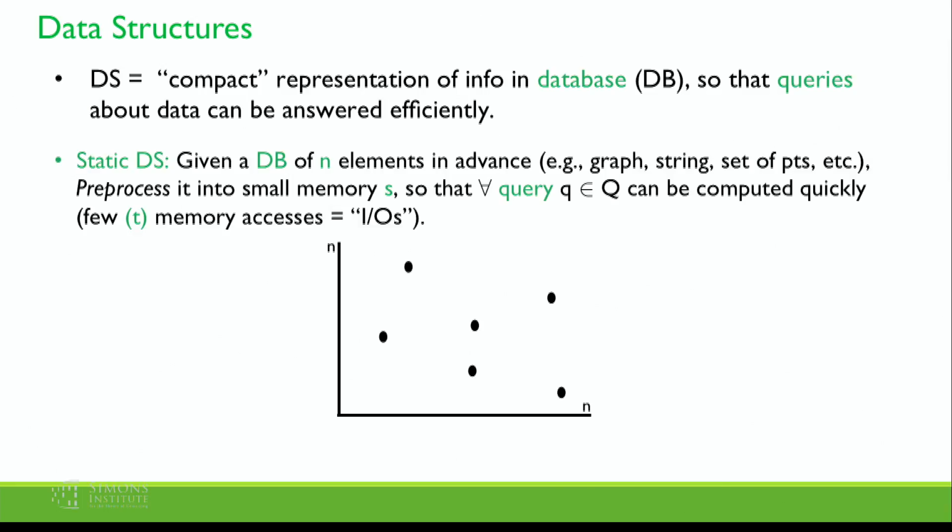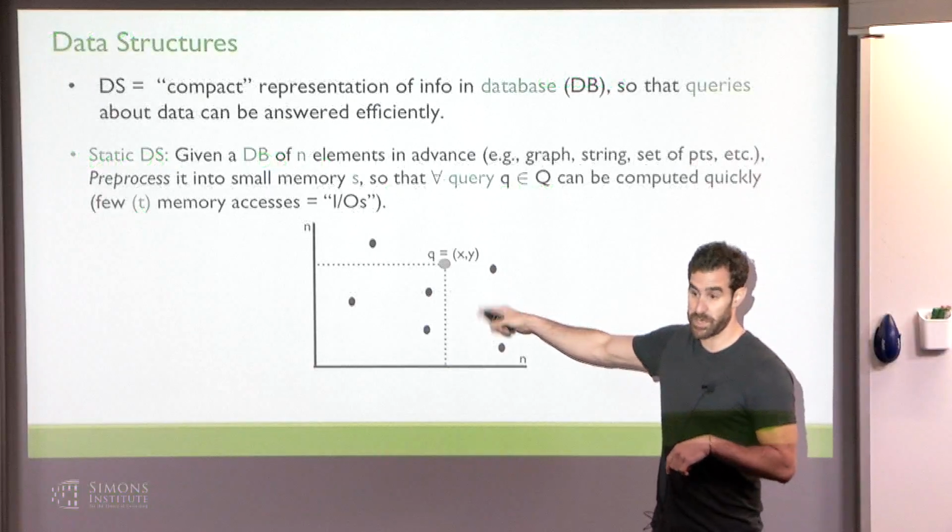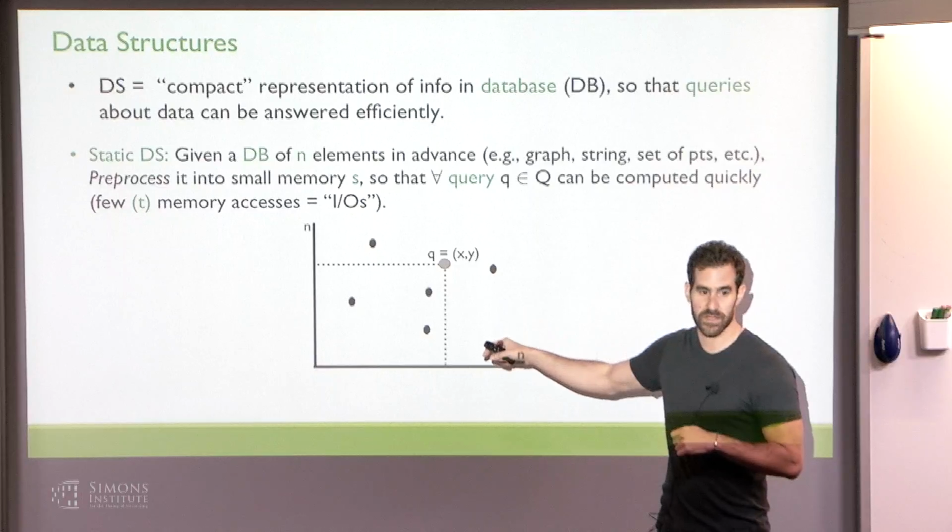One important example is the orthogonal range counting problem, where the database is just a collection of points in the n by n planar grid, so there are n points on this grid. And the query is just a point on the grid which defines an axis-parallel rectangle. The goal is to report the number of points in this rectangle.